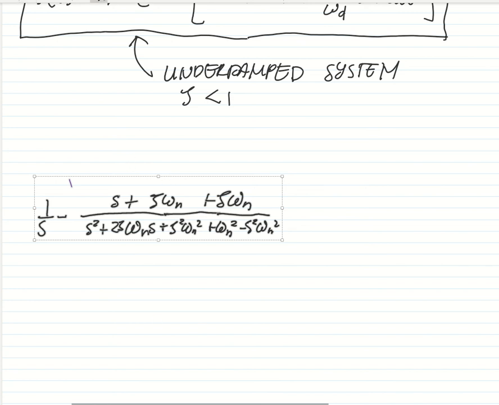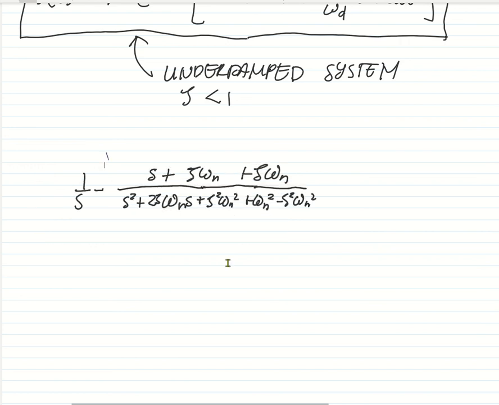So how do we do this? If you look at the last term, here we factored out omega n squared, then it became 1 minus zeta squared. Now, what if I factor out negative omega n squared rather than positive omega n squared?